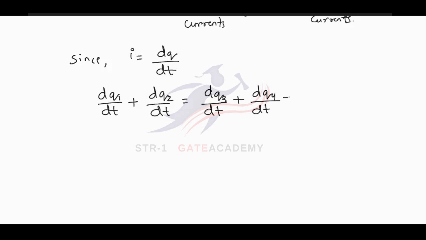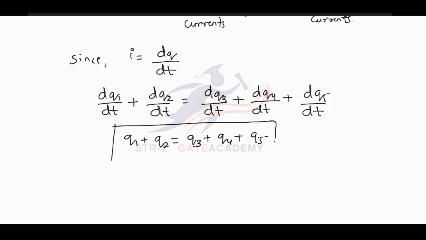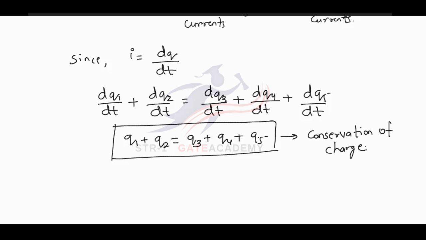And from this I can write q1 plus q2 is equal to q3 plus q4 plus q5. And what is this? This is nothing but conservation of charge. So what we can conclude is KCL expresses conservation of charge.